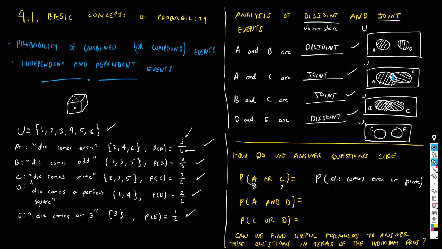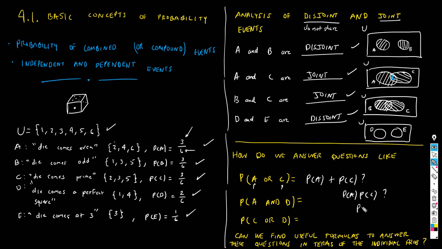If I know the individual probability of A and the individual probability of C, could there be a way in which I can use them in some formula so that I can get the result for this one? For example, could it be this, the probability of A plus the probability of C? Could it be this formula? Or could it be their multiplication?